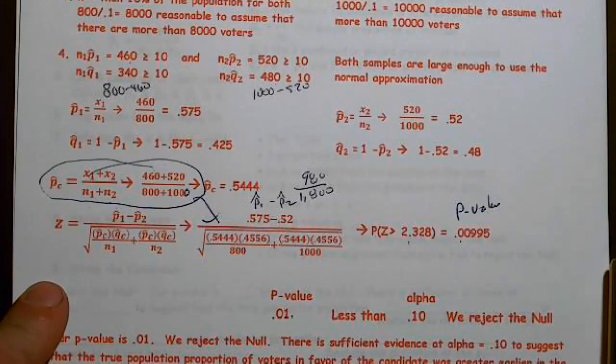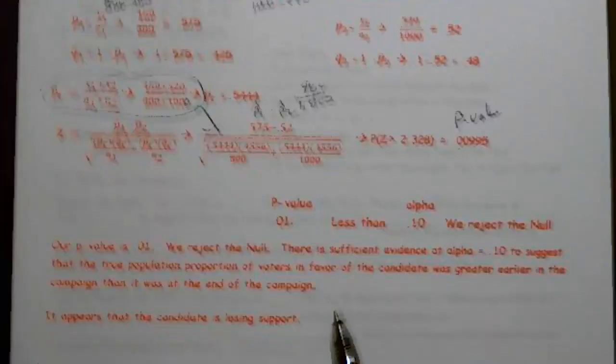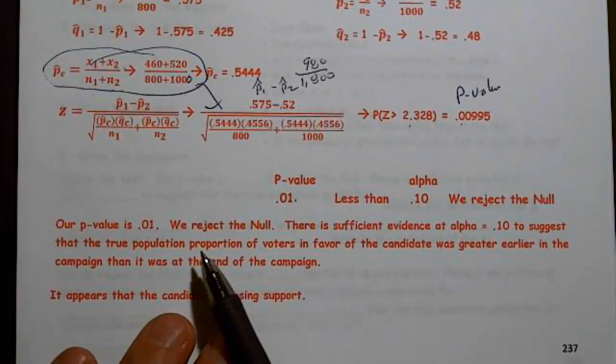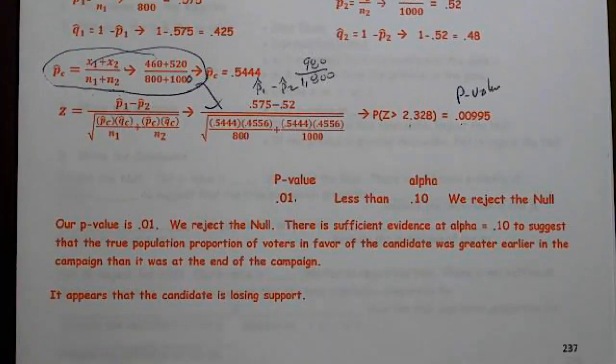Let me recalculate that. All right, so less than our alpha, they gave us a significance level of 10%. Whenever it's less, we reject. So our P value is 0.01, we reject the null.